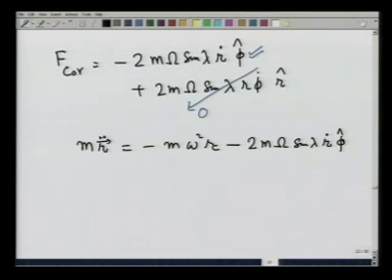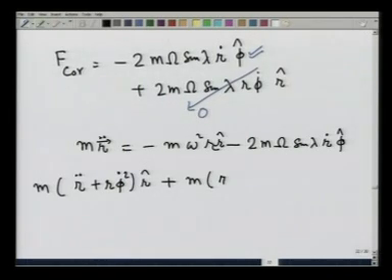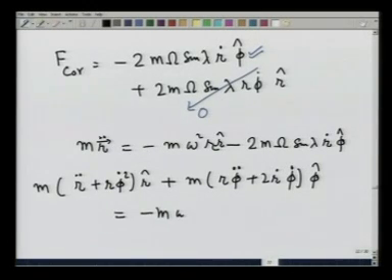So, this should be r vector, and this I am going to write as m times, r double dot plus r phi dot square in r direction, plus m times r phi double dot plus 2 r dot phi dot in phi direction, and that should be equal to minus m omega square r in r direction minus 2 m omega sine lambda r dot in phi direction.